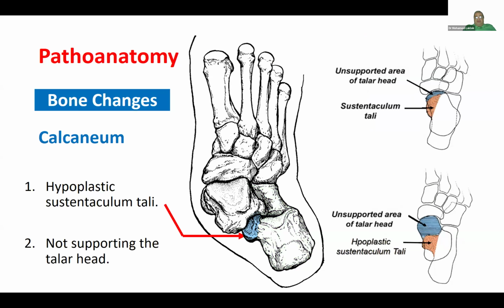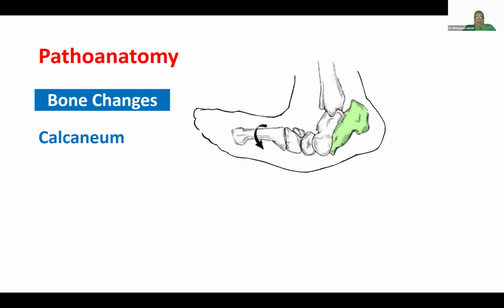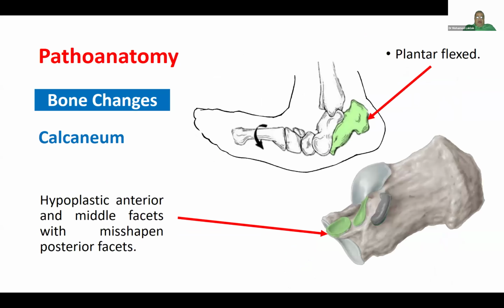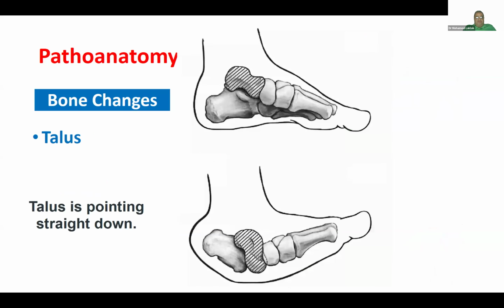In the picture at the top right, the blue area is the unsupported area of the talar head in the case of the normal sustentaculum tali. But in the diagram below, there is a big unsupported area of the talar head with a hypoplastic sustentaculum tali. The calcaneus also is plantar flexed, with hypoplastic anterior and middle facets, and a misshapen posterior facet.